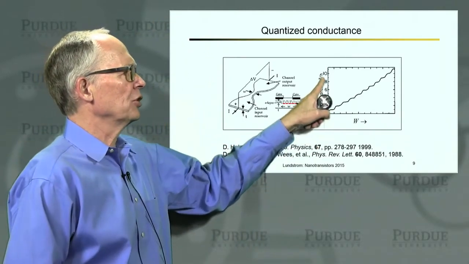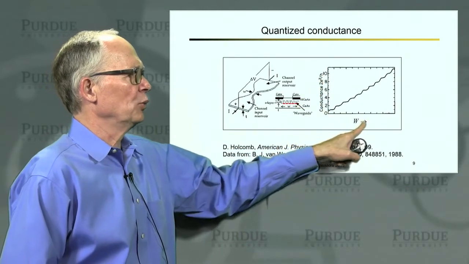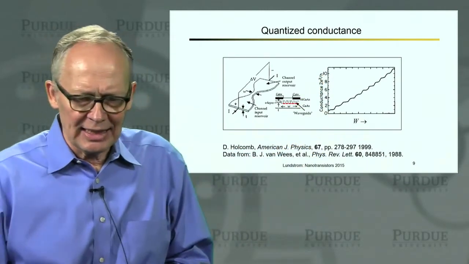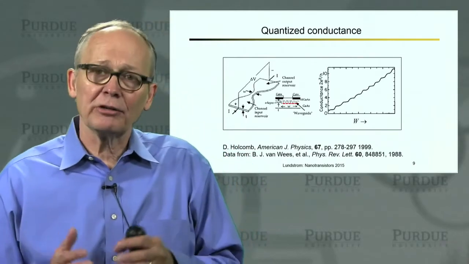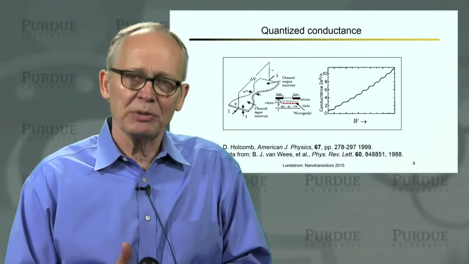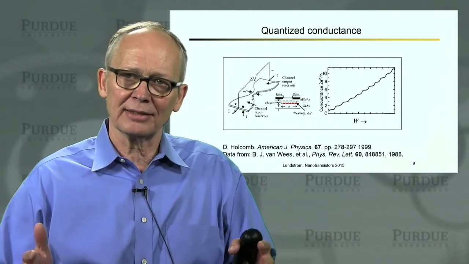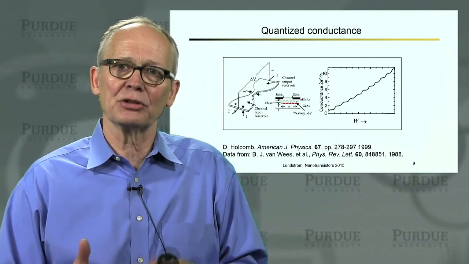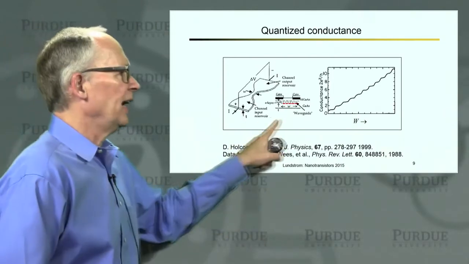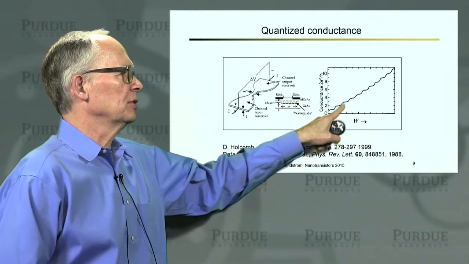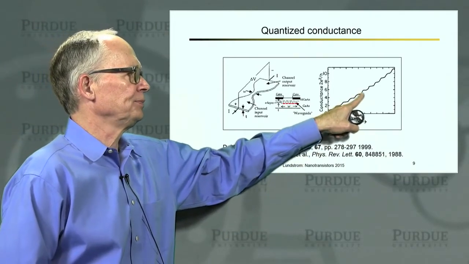And this is the measured conductance versus that width. So in a large structure, our expression for the number of channels would just say that the wider the structure is, the higher the conductance is; the conductance should be proportional to W. What you find, however, is that the conductance goes up in discrete steps.